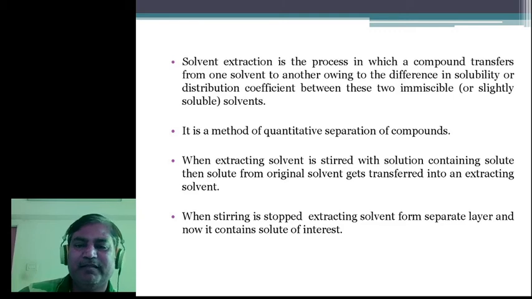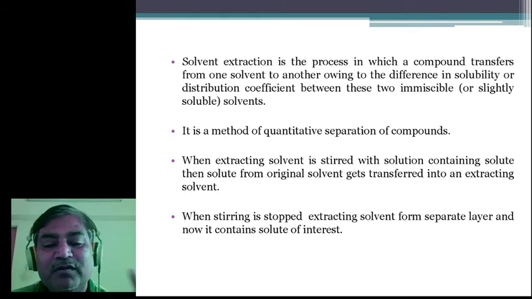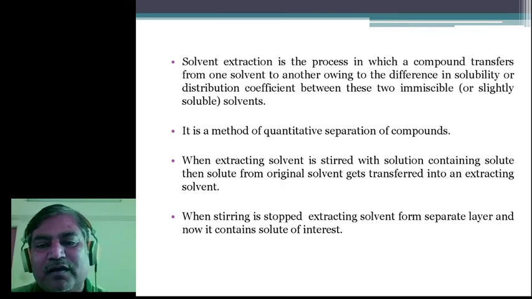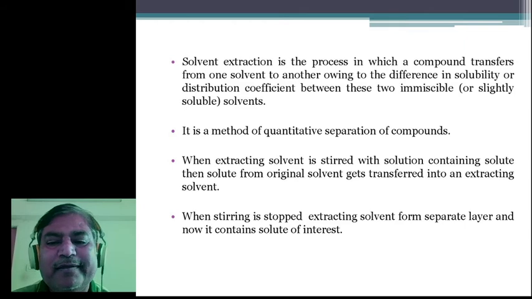Okay, then second thing, this is one of the quantitative methods of separation of compounds. Means we can quantitatively separate different types of compounds by using these two liquids according to their distribution, and hence in solvent extraction compounds are separated using two different solvents, that is organic solvent and aqueous solvent system, both immiscible.